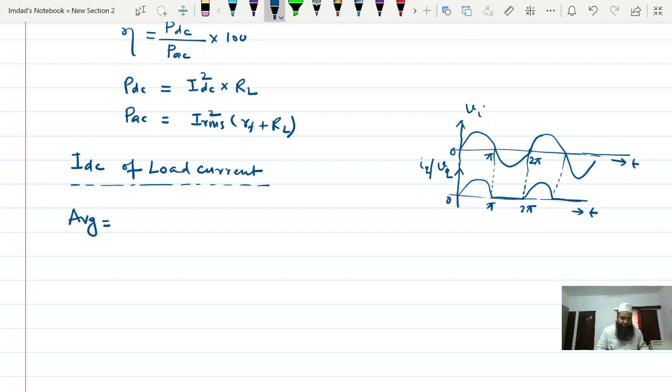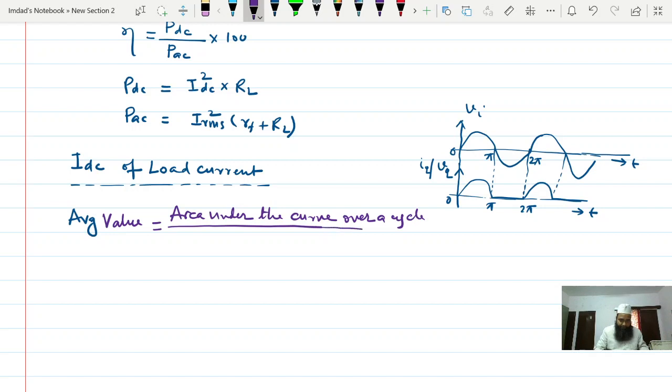Average value is equal to the area under the curve over a cycle upon the base.